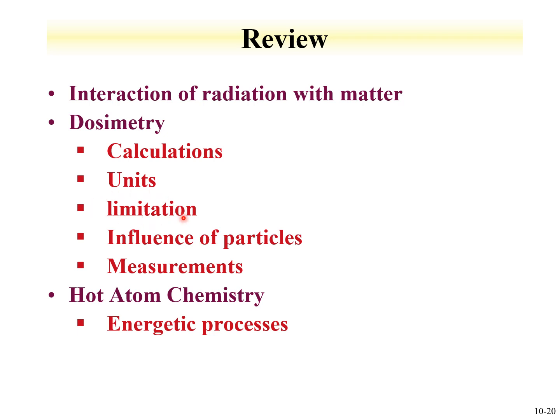We discussed a little bit about the limitations of dosimetry, particularly when it's coupled with models. We explored the influence of particles, particularly when we go from dose to absorbed dose, so the rad to the rem, the gray to the sievert, and how an alpha particle has a much larger influence due to the fact that it has a much higher deposition of energy in a shorter range, so a higher linear energy transfer.